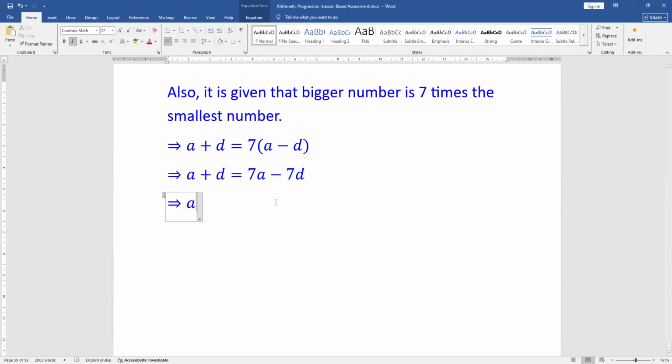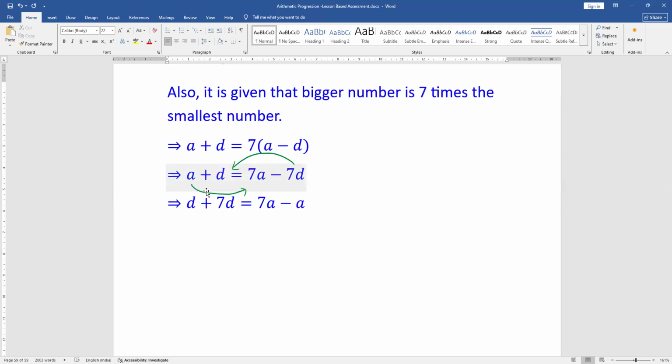Next step: I have to put all the d terms on one side and all the a terms on the other side. So I move minus 7d to the other side, and this a moves to the right. So that means on my left hand side I get d plus 7d, and on the right hand side 7a minus a.